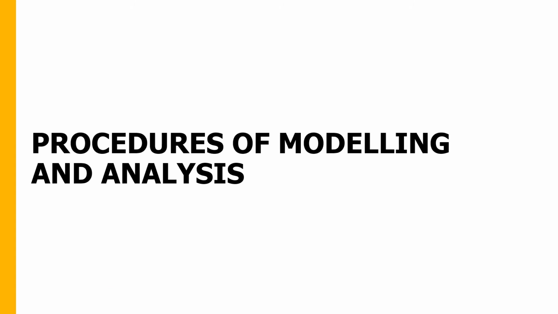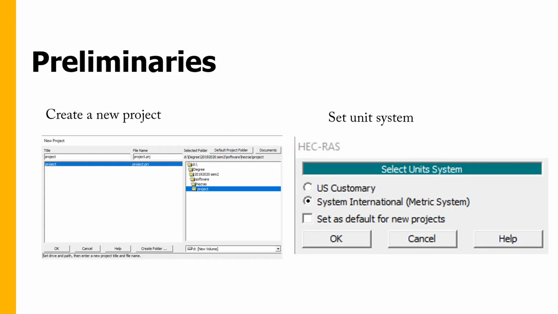Next, I shall briefly explain and describe the procedures of modeling and analysis using the HEC-RAS River Analysis software. Firstly, for the preliminary part, we start by creating a new project. Make sure to save into a different folder so that we can locate the folder easily. Next, we have to set the unit system into metric system.